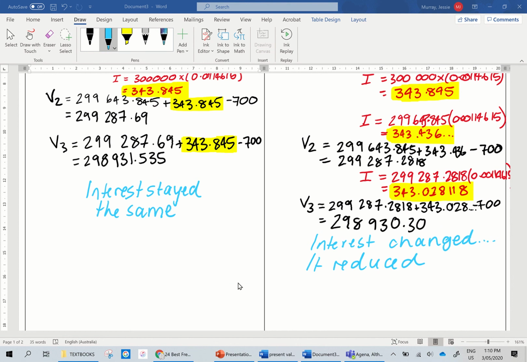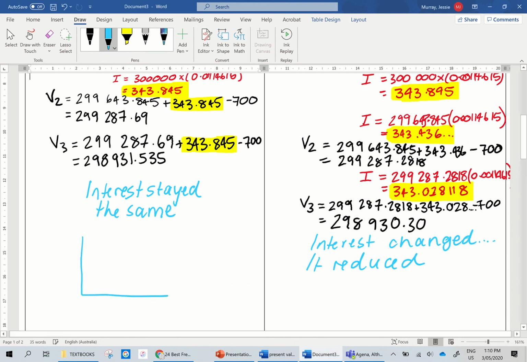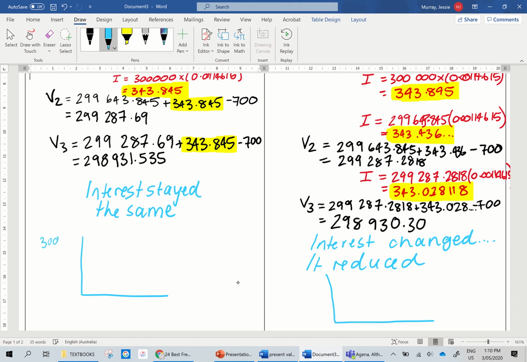So the last thing is, let's think about this visually. If I represented both of these loans as a graph, the idea is my $300,000 that I owed, with this one here, it's slowly being paid off all the way down by the same amount each week, okay? Because that interest is the same and then my repayment's the same.